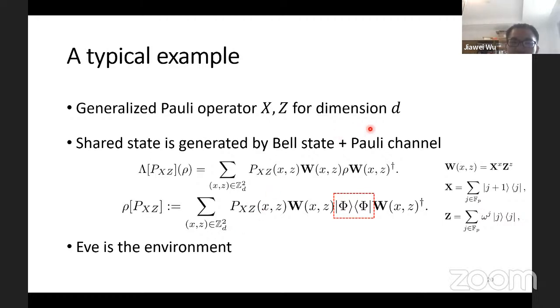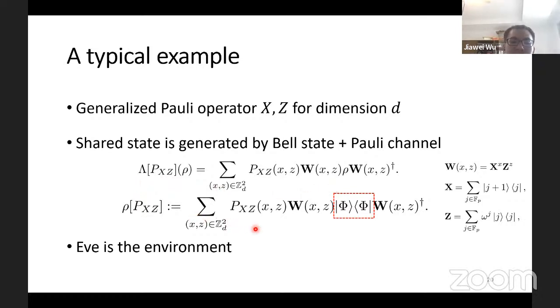We can apply our private dense coding framework to a typical example. In this example, the allowed operation of Alice is the generalized Pauli operator. And the pre-shared state can be generated by sending a Bell state through a Pauli channel.